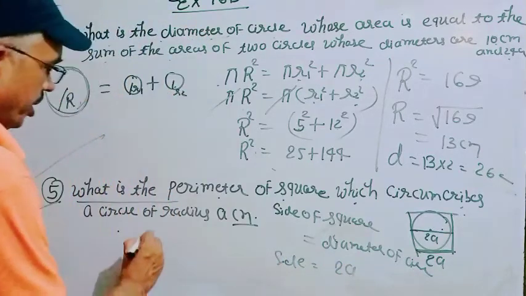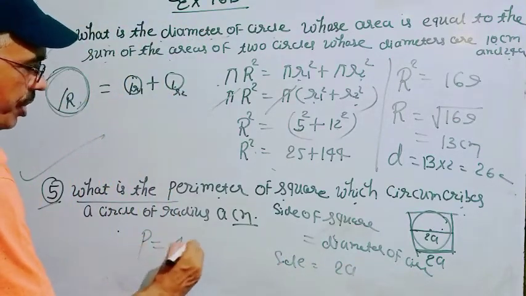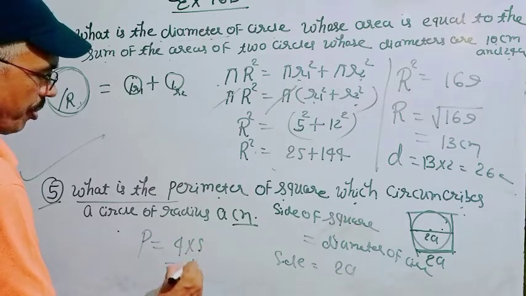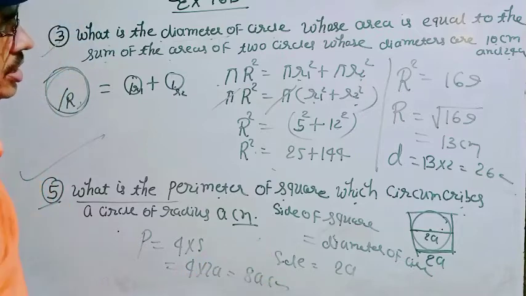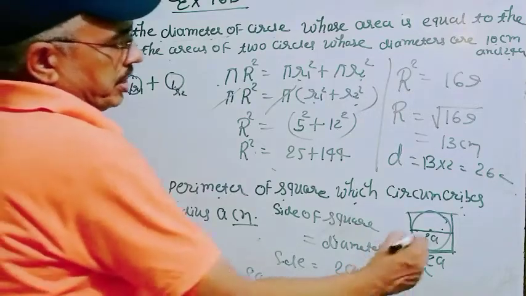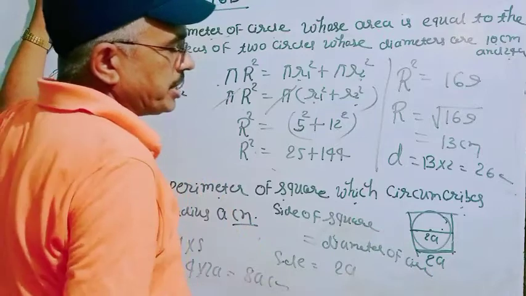So what is the perimeter? The perimeter is equal to 4 into side, that is 4 into 2a, that is 8a cm, the perimeter of the square circumscribing a circle.